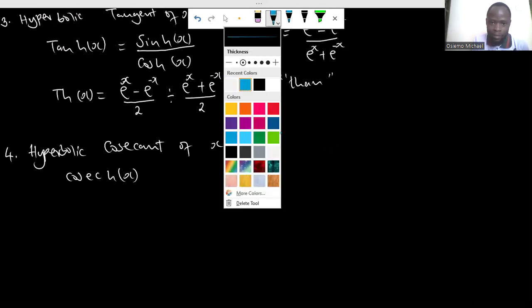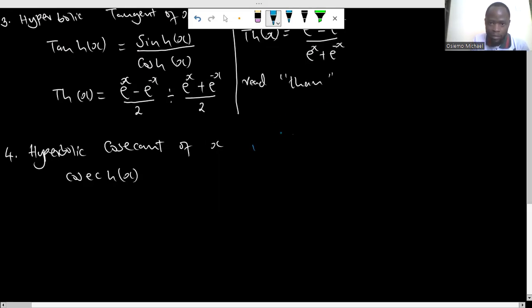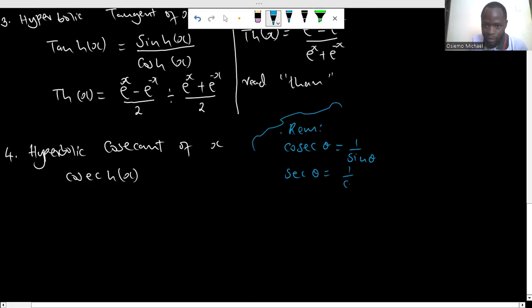Remember in trigonometry, cosec of theta equals 1 over sine theta, sec of theta equals 1 over cos theta, and cot of theta equals 1 over tan theta.